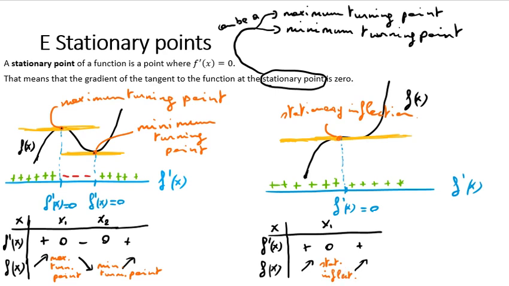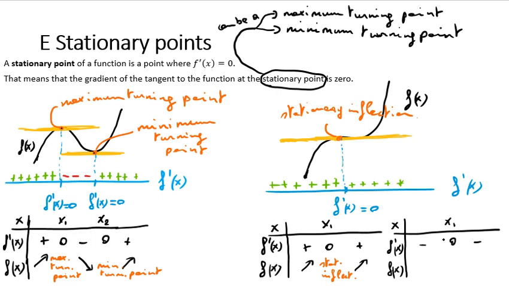Okay. There's also another possibility. Instead of increasing on both sides of the stationary point, it can also decrease on both sides of the stationary point. So let me write the sign table of that one. And here we have f of x. So in this case, here it's 0, but it's negative.